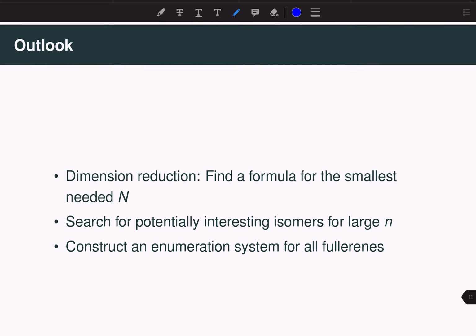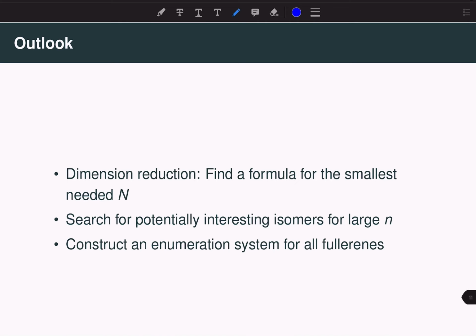So we have already a nice real-world applicable way of clustering our isomers, and the question arises then, okay, if we want a complete clusterization, what is the largest degree of our Newton polynomial needed?